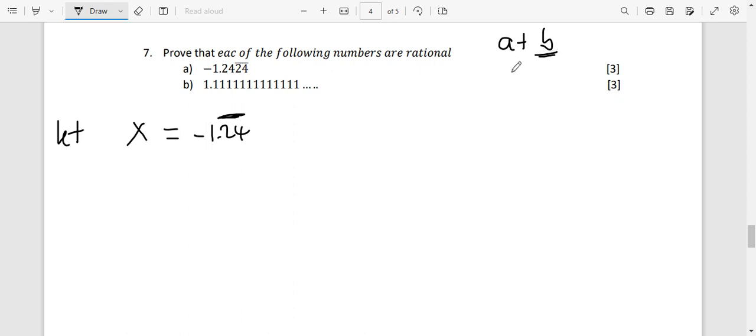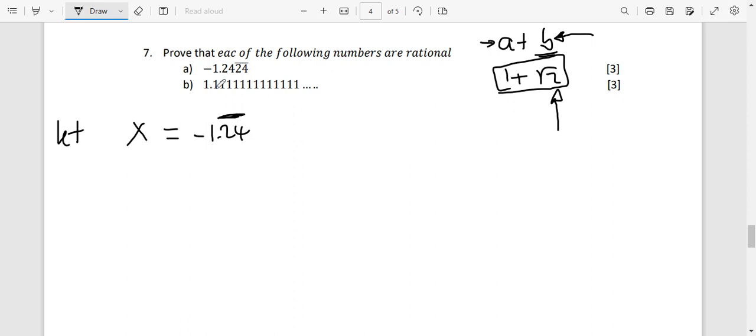It means that instead of having 1 plus the square root of 2, they have replaced this with letters. They've said let a be a rational number and b be an irrational number, then show that a plus b is irrational. So it is the same as this one. The one that they've said is irrational, you need to make the subject of the formula. It is the same thing.